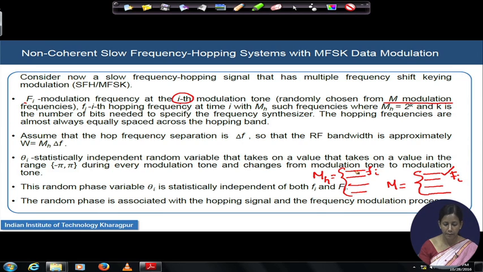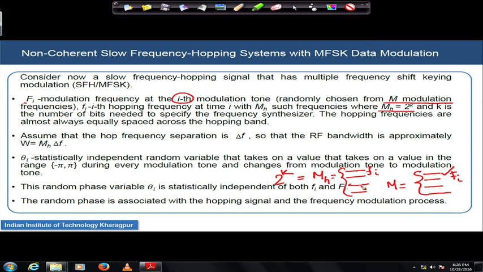And this capital MH has a direct relation with the number of bits you take for the frequency synthesizer design, which generates the code for this hopping, and hence capital MH can be written as 2 to the power k. For example, if I have a 3-bit frequency synthesizer, I can generate 8 different frequencies for hopping. Correspondingly, I have 8 channels over which my carrier can hop.